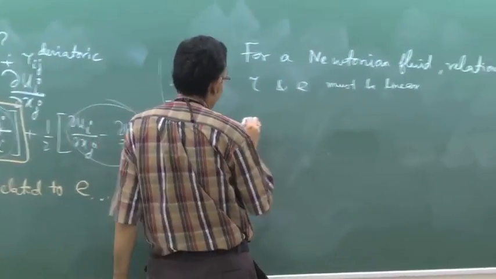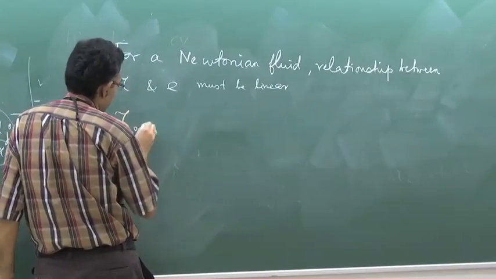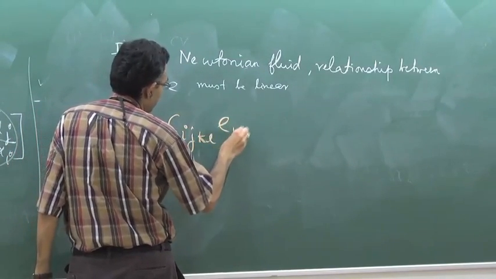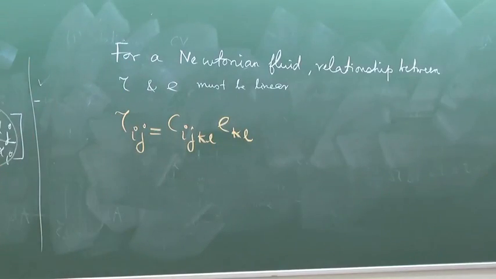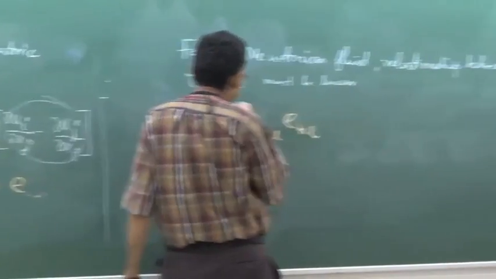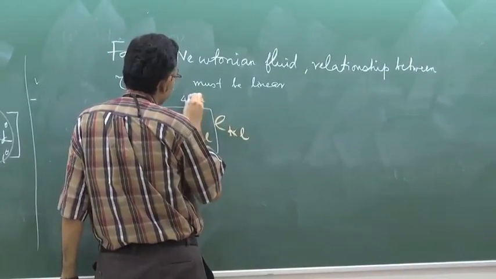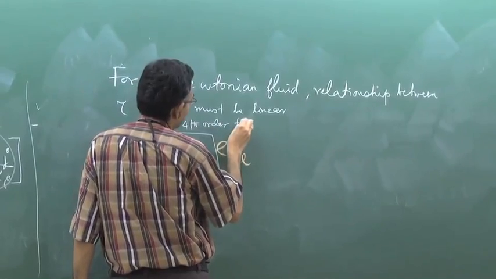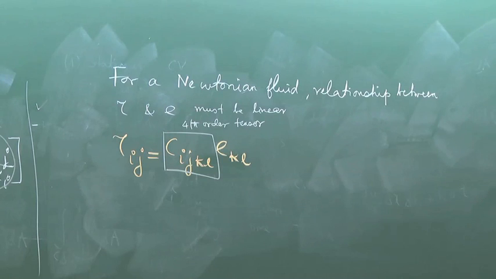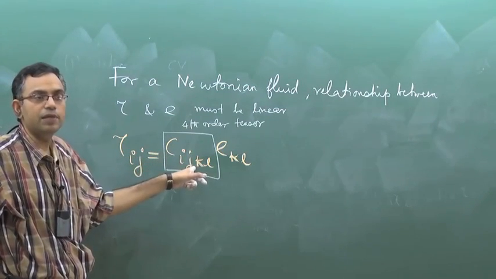So you can write this. This is a fourth order tensor, and a fourth order tensor will require 4 indices for its specification.